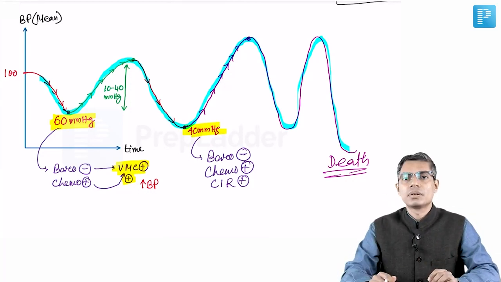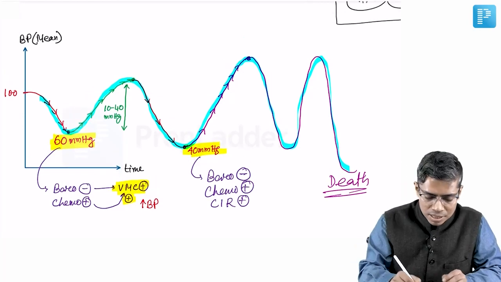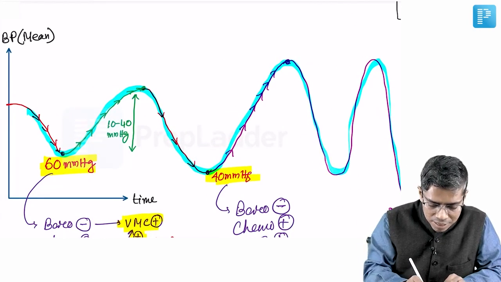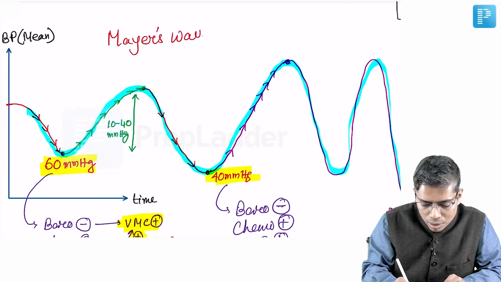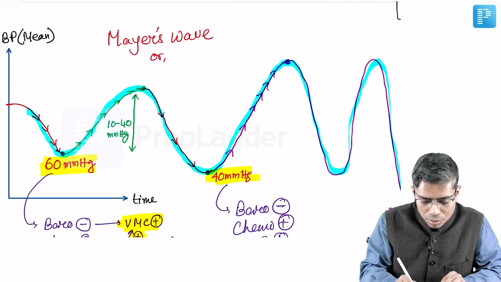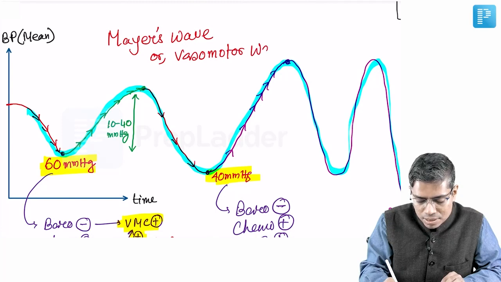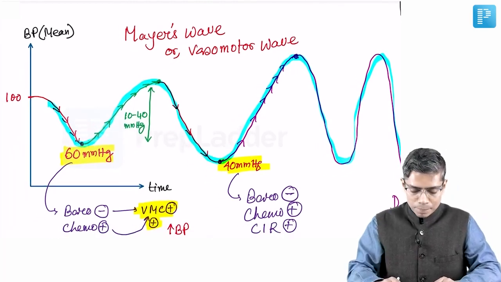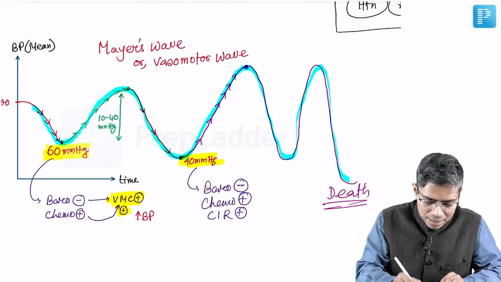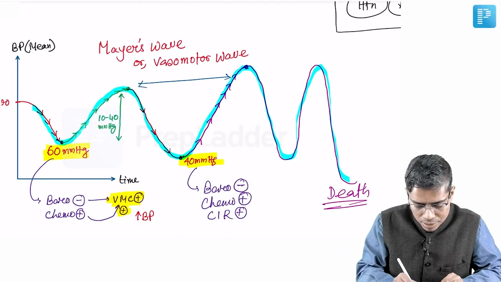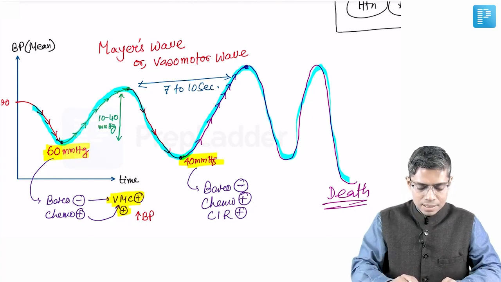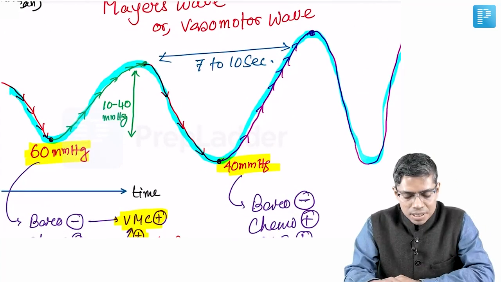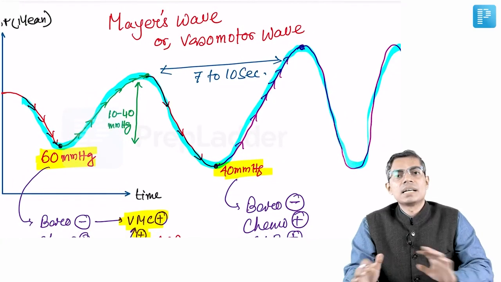This wave of fluctuation of blood pressure is known as Mayer's wave, or also it is known as vasomotor wave, right? The peak of this wave generally appears at an interval of 7 to 10 seconds, and the maximum rise is equal to 10 to 40 millimeter of mercury. This is clearly given in the guide, right?